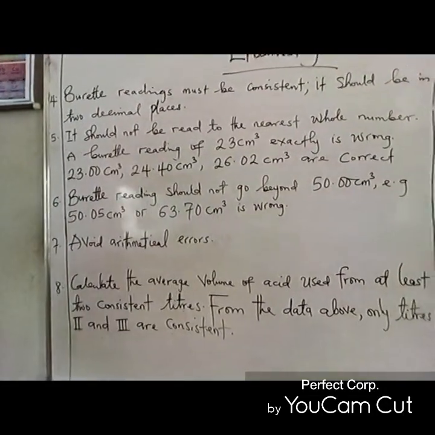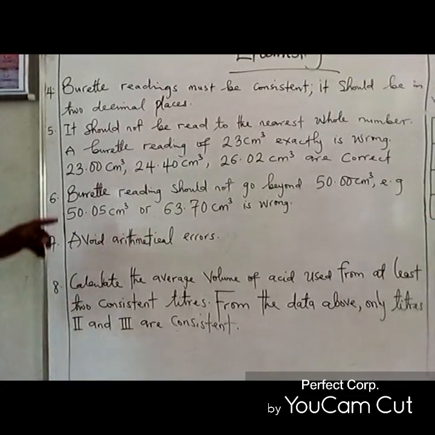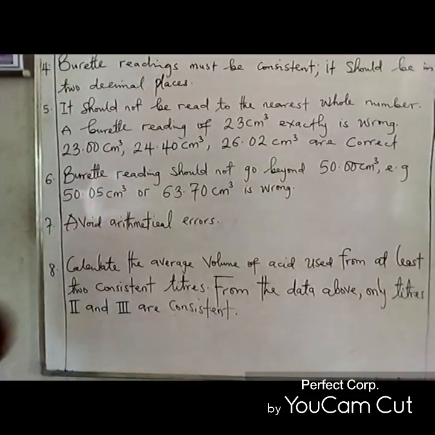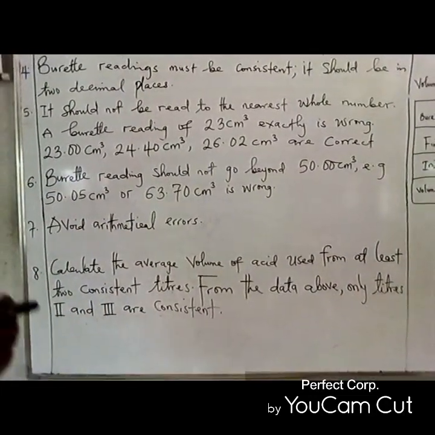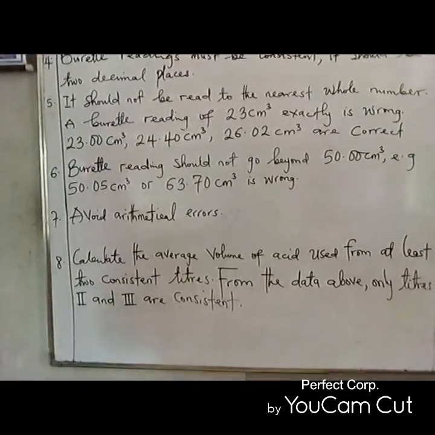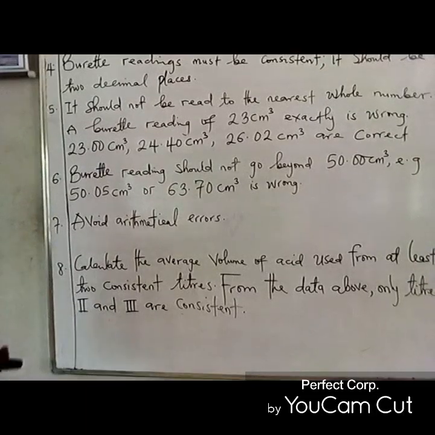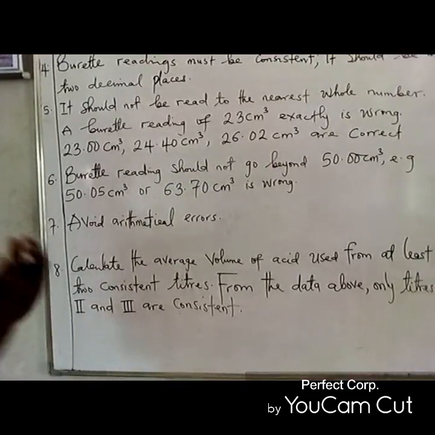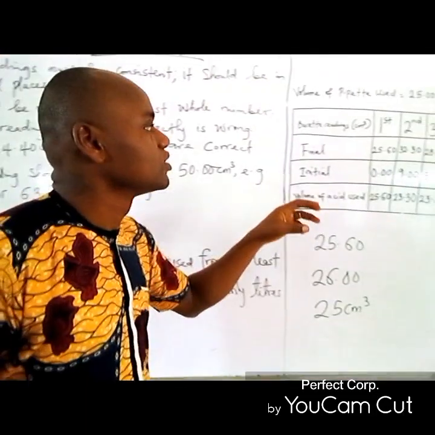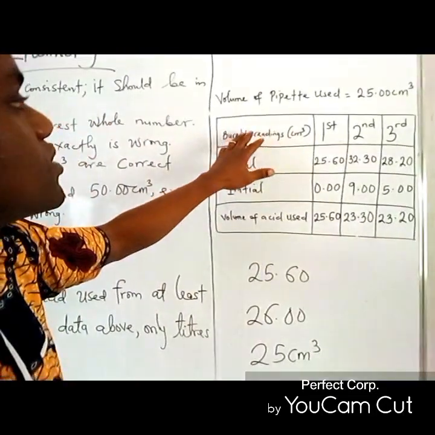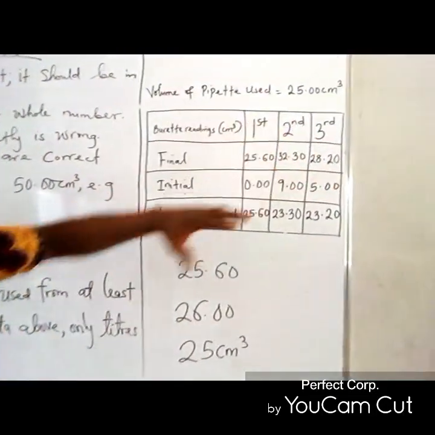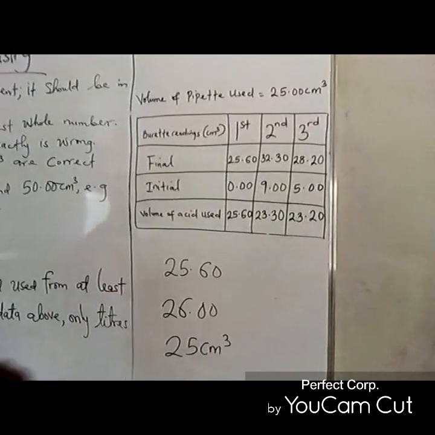Now let's proceed to the next precaution. Burette reading should not go beyond 50.00 cubic centimeter. For example, after carrying out the 3 titer values, you are going to titrate 3 times.